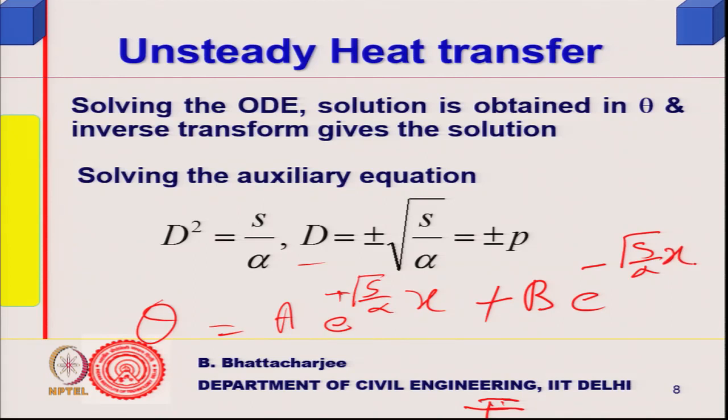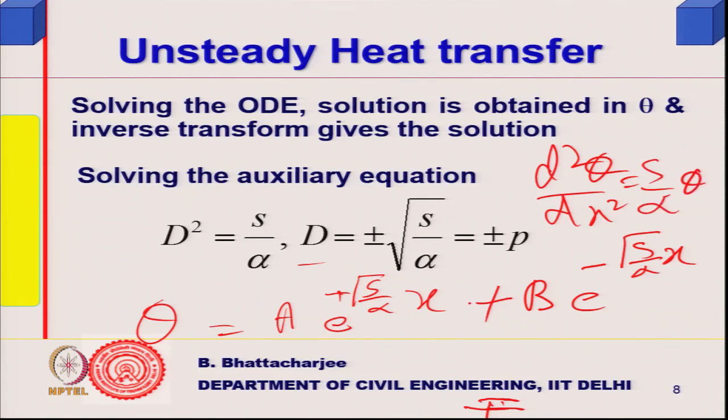If you differentiate this twice, it will come back to the same e to the power term, with the coefficient s by alpha, matching d square theta dx square equals s by alpha theta.